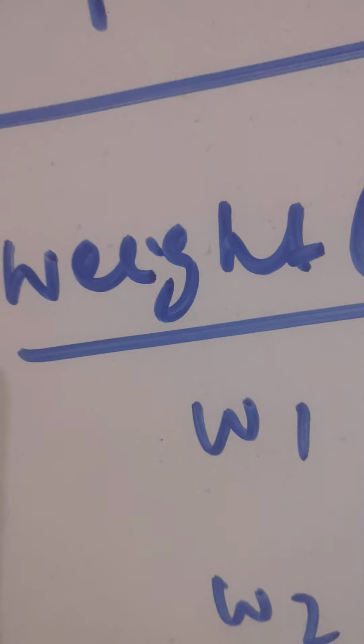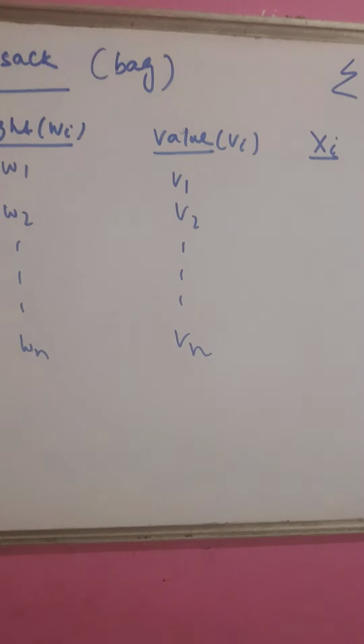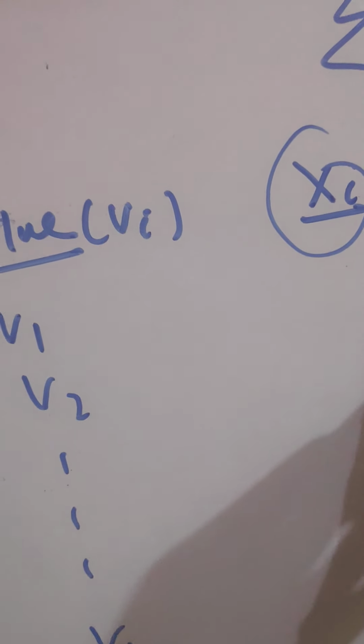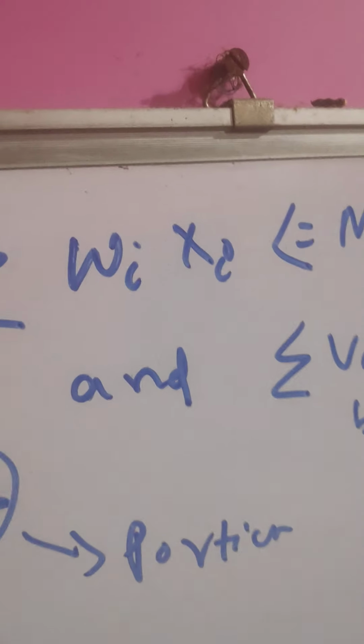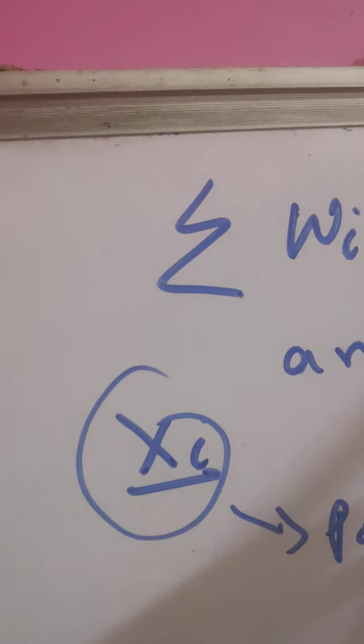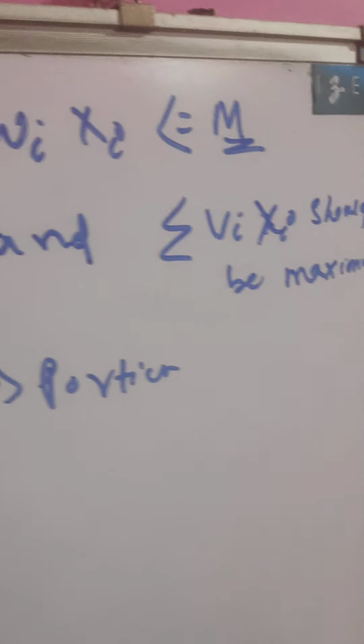So I am repeating what the 0-1 knapsack problem is. Given a set of items I1, I2, up to In along with their weights W1, W2, up to Wn, and values V1, V2, up to Vn, the objective of this 0-1 knapsack problem is to find the portions of the items, that is xi, such that the summation of wi xi should be less than or equal to m and the summation of vi xi should be maximum.